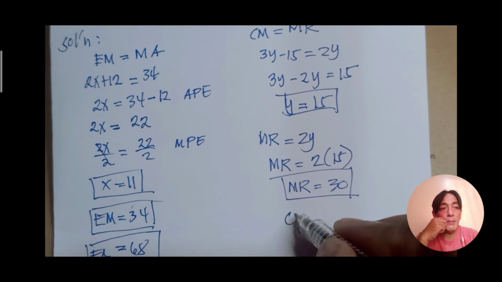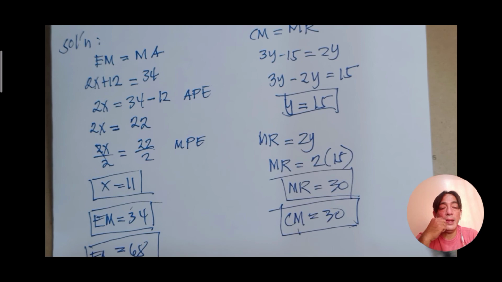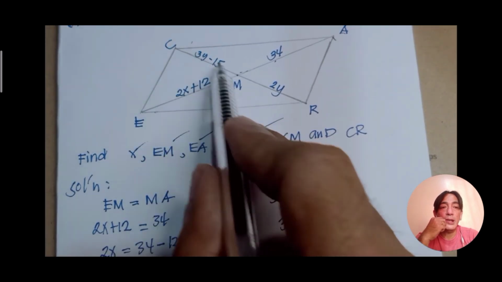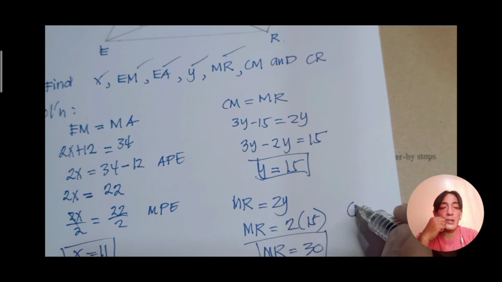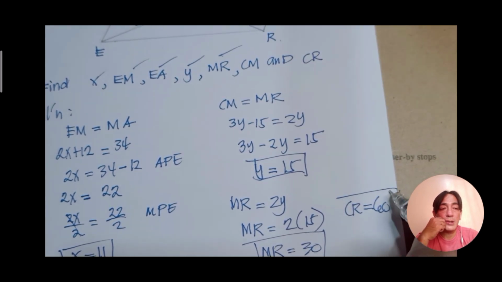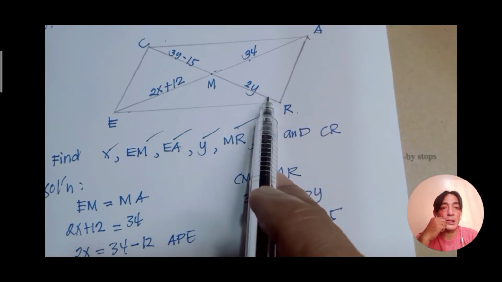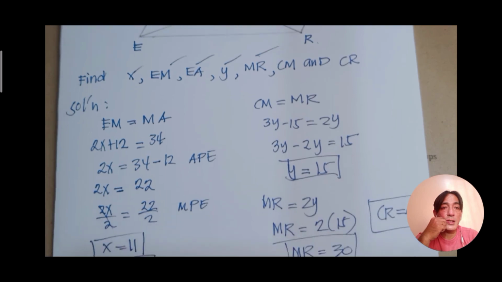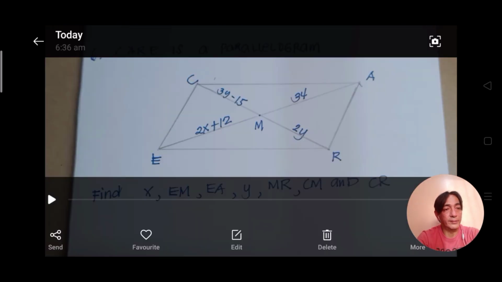They have the same length. Okay. Balikan natin. Ano pa ba ang kulang? Yung CR na lang. So, kung 30 ang MR, CR is equal to 60. So, siya yung isang buong diagonal. Okay, 30 plus 30. CM is 30, MR is 30, therefore CR is 60. Okay, so ganun lang yan.